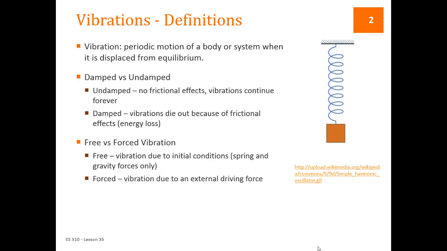Forced vibration is vibration due to an external driving force. Sometimes that driving force is a motor, for example, the vibration in a washing machine, or it's a regular displacement, like going over bumps in a road.